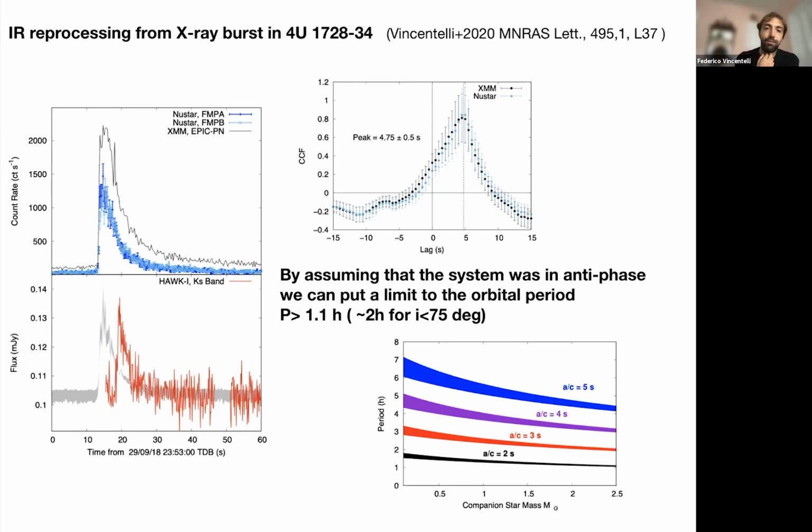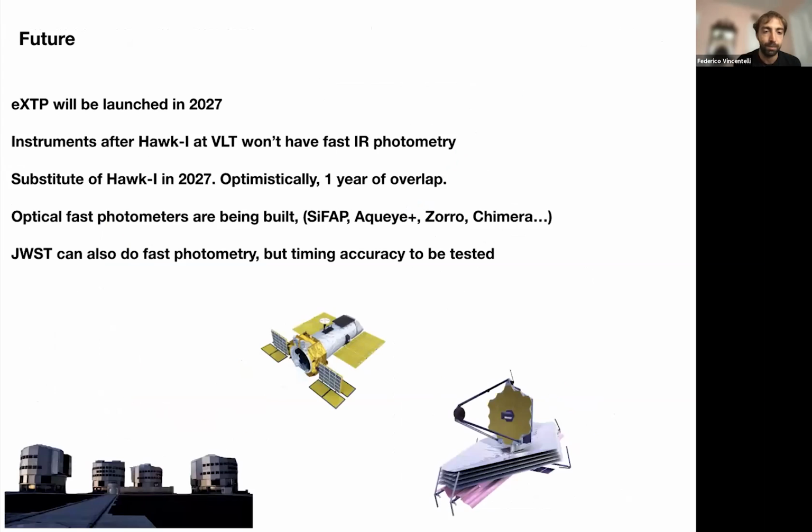Therefore, this value is way higher than what was believed, because this was believed to be an ultra compact source. So this shows also the power of fast multiwavelength variability for neutron star studies, not only for jets but also to map the accretion flow, and this is certainly an interesting case for eXTP.